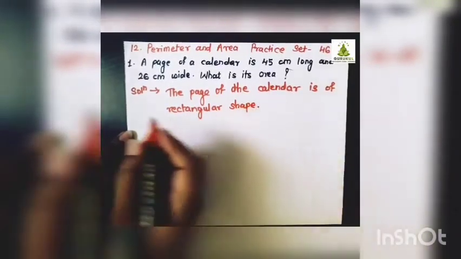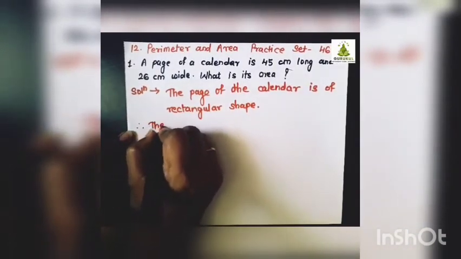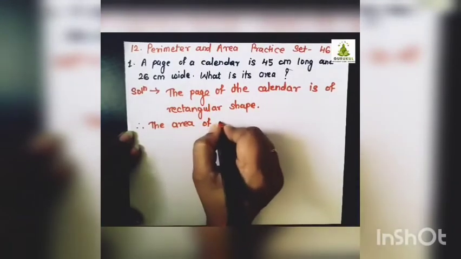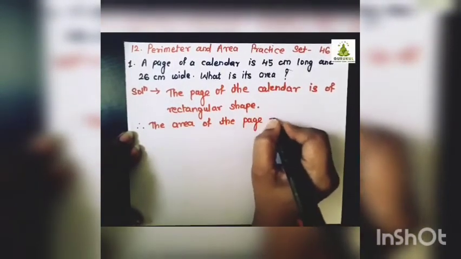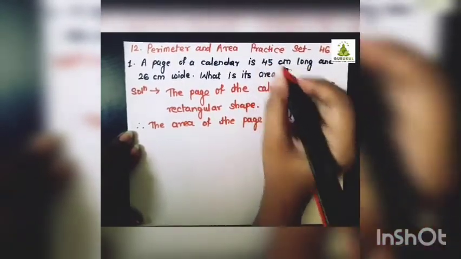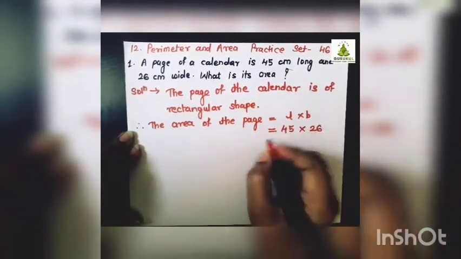Here we can write down the formula. Therefore the area of the page, or rectangle, is length into breadth. Length is 45 centimeters, breadth is 26 centimeters.